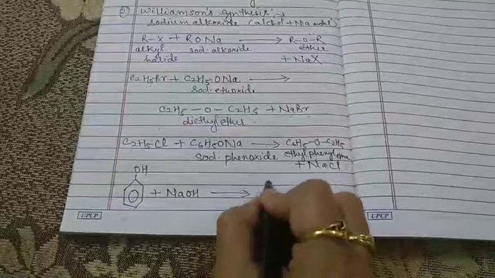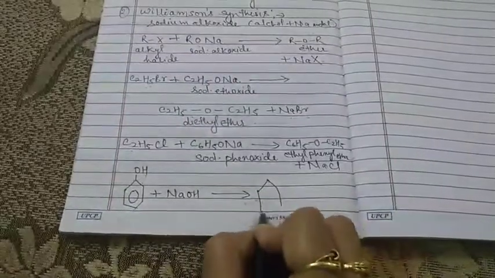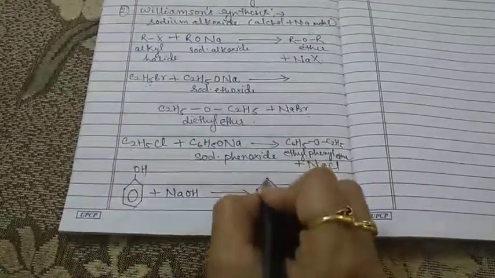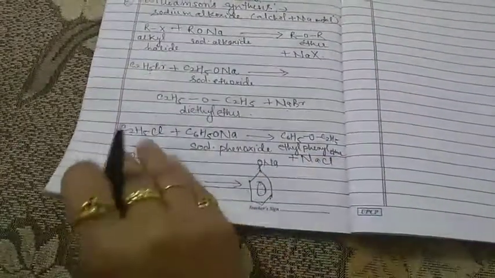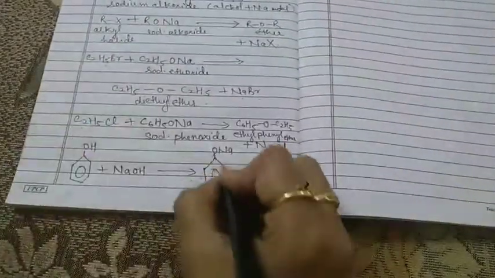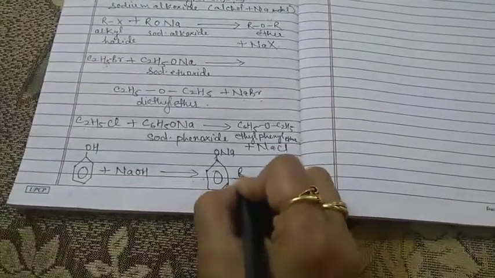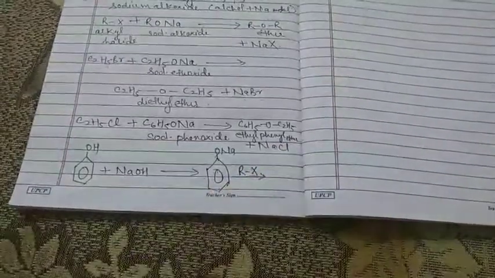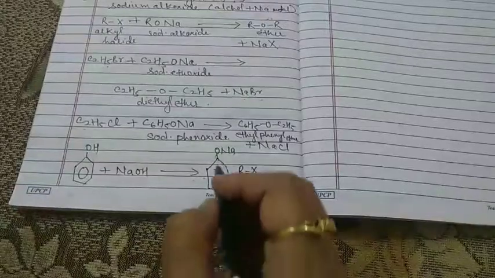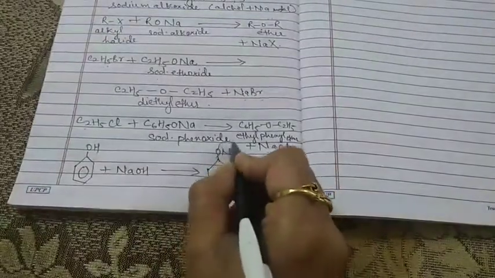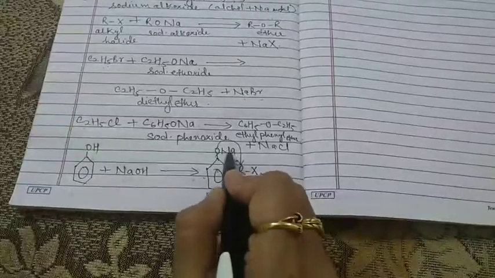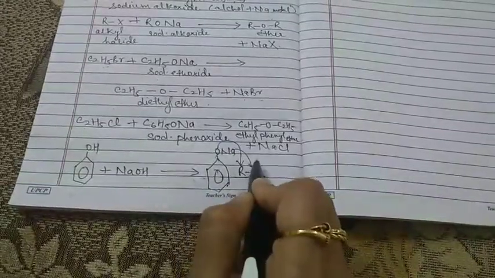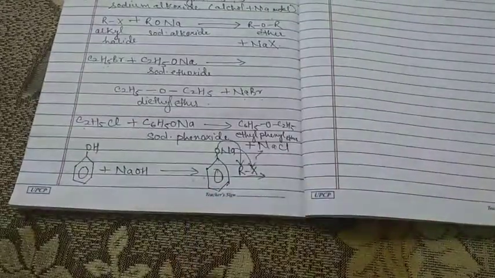We get this, this is ONa. This is known as sodium phenoxide. When the sodium phenoxide is treated with alkyl halide, it reacts with this and the halide is removed from here.